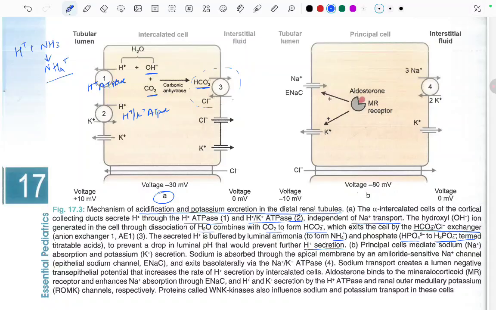Now coming to image B, we read about image A first. Principal cells mediate sodium absorption and potassium secretion. The acidification was done by the intercalated cells, and the principal cells mediate sodium absorption and potassium secretion.